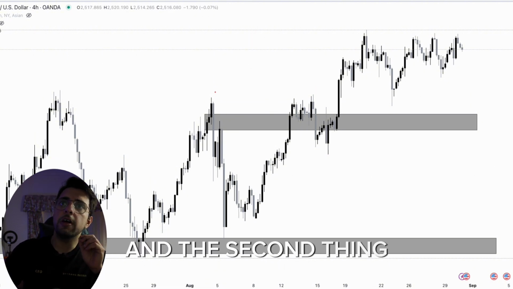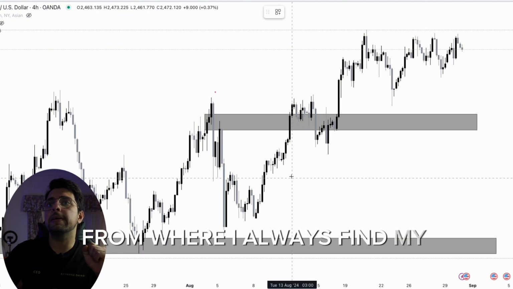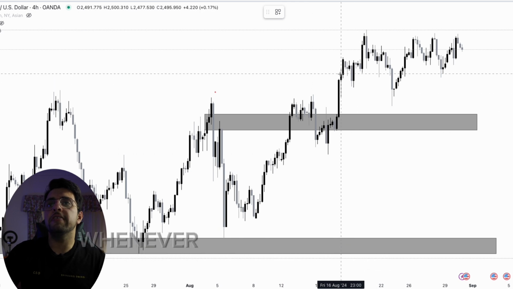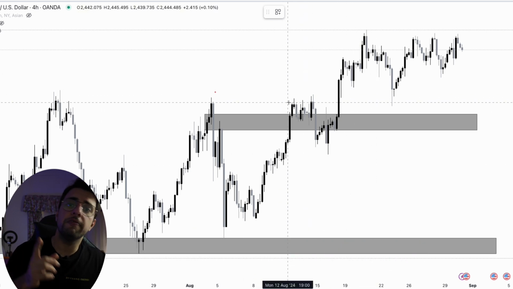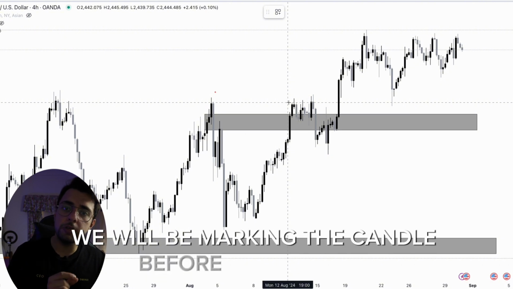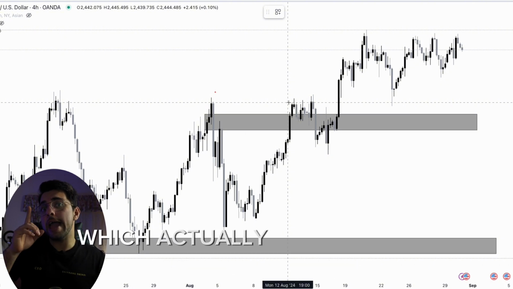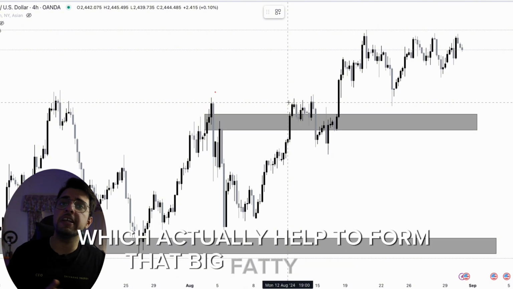And the second thing from where I always find my supply and demand zone: whenever there is a bullish movement, a high fatty candle, we will be marking the candle before that candle, which actually helped to form that big fatty candle.